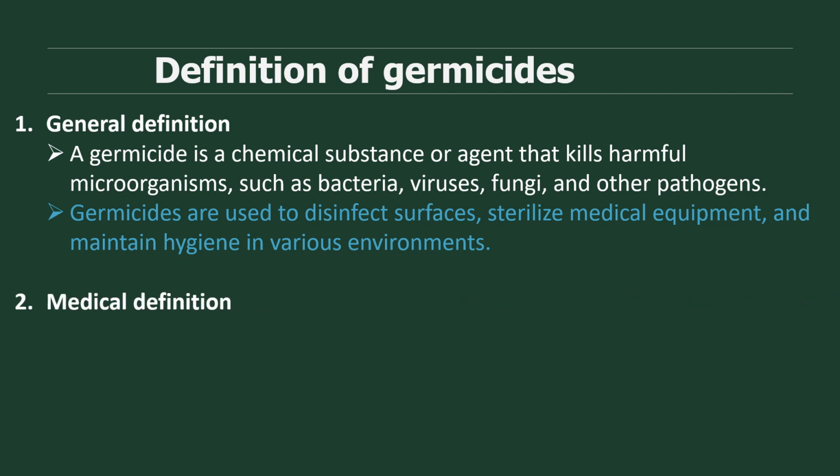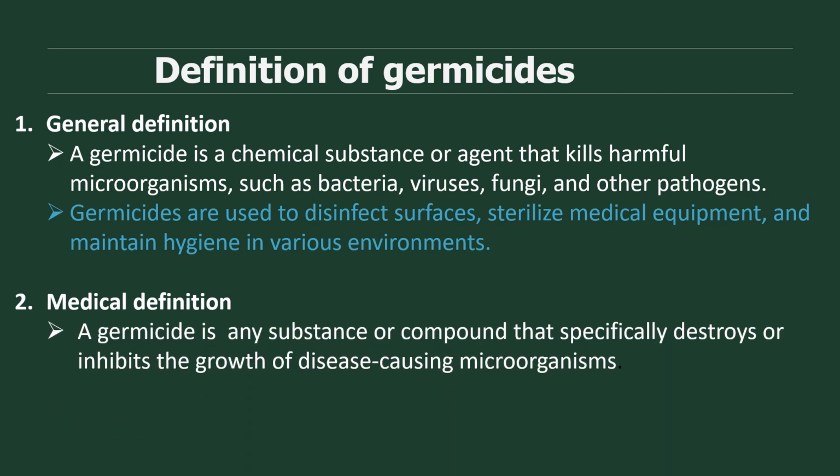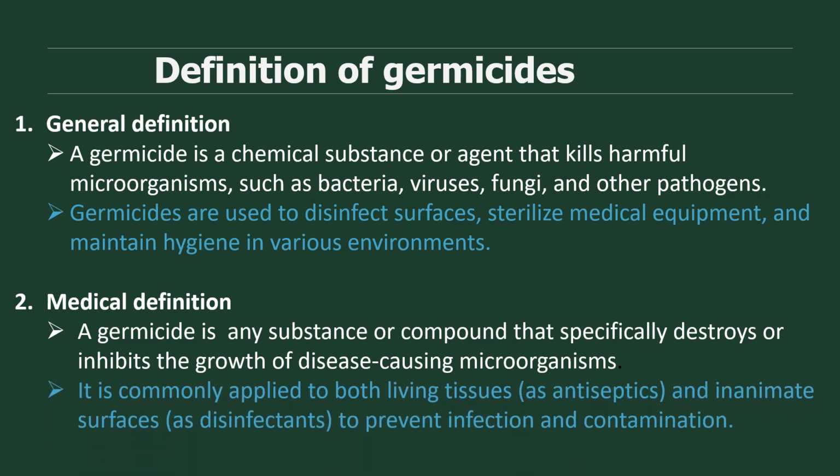Then we have the medical definition of germicides, whereby a germicide is any substance or compound that specifically destroys or inhibits the growth of disease-causing microorganisms. Again, the microorganisms are bacteria, viruses, and even fungi.